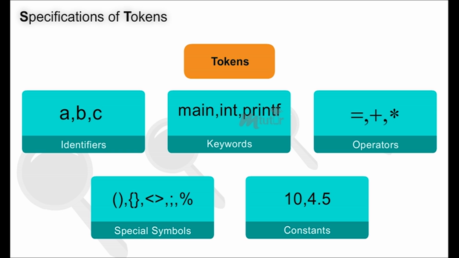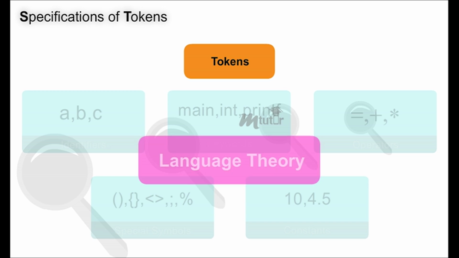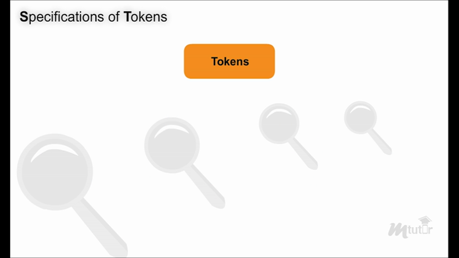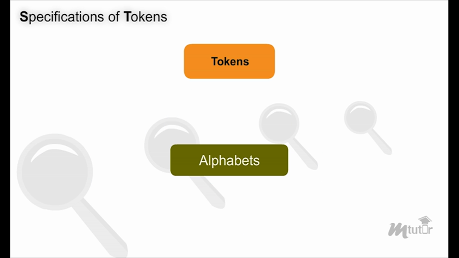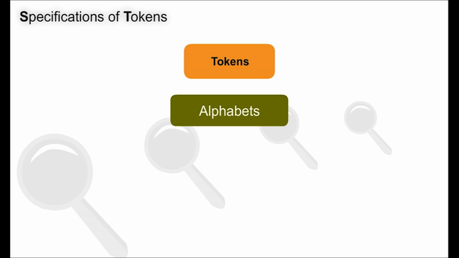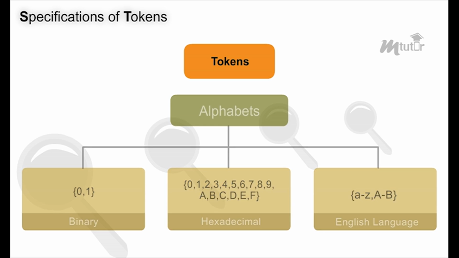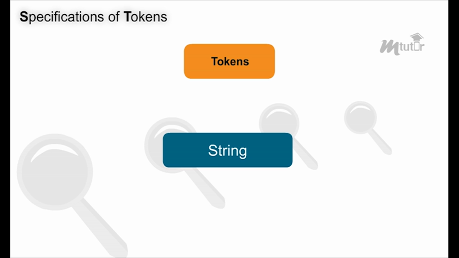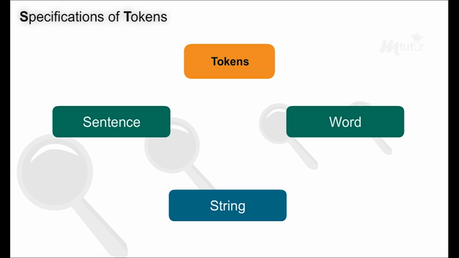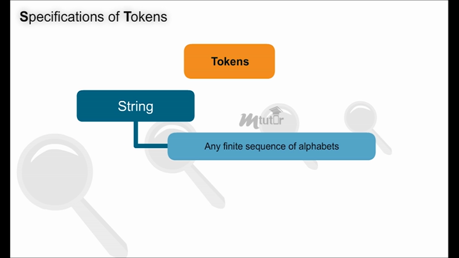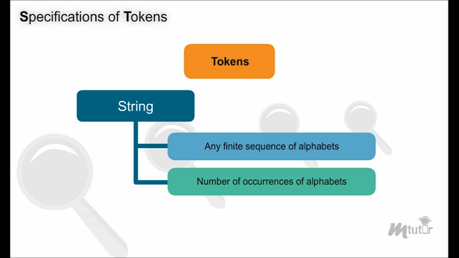Now, let us discuss how the tokens are specified in language theory. Alphabets. The term alphabet or character represents any finite set of symbols. They are binary, hexadecimal, English language letters. String. In language theory, the terms sentence and word are often denoted as string. Any finite sequence of alphabets is called a string. The length of the string is determined by the number of occurrences of alphabets.